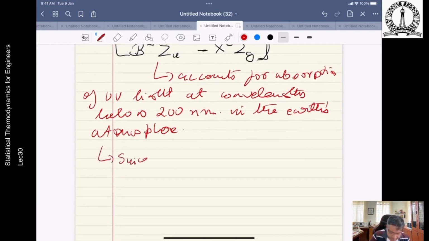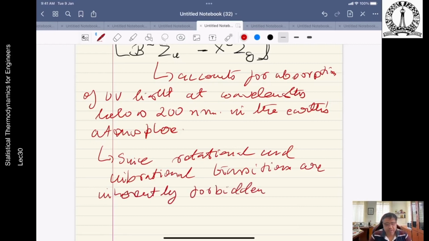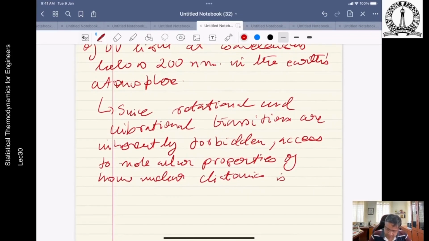So since homonuclear rotational and vibrational transitions are inherently forbidden, access to molecular properties of homonuclear diatomics is only possible through electronic spectroscopy.